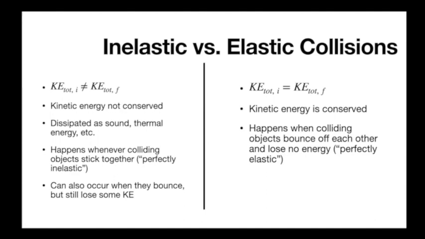Another quick tip: you can always test the numbers and see if it works, but if objects stick together, you know it's going to be perfectly inelastic. In other words, it's going to lose the maximum amount of kinetic energy. This is independent but complementary to conservation of momentum. Momentum is always conserved, but kinetic energy is not always conserved, and knowing one does not tell you anything about the other.